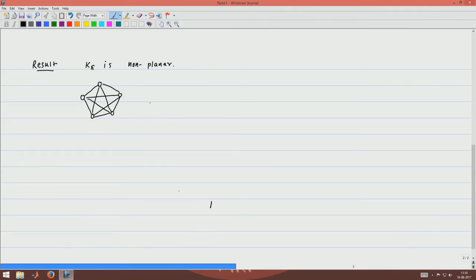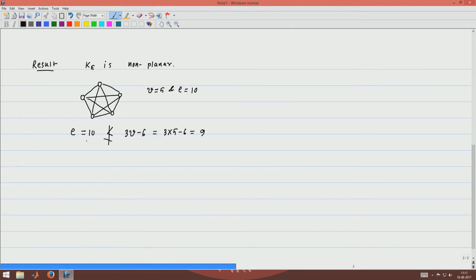So, it has 5 vertices, V equal to 5 and E is equal to 10, right. So, E equal to 10, and the upper bound for E is 3V minus 6, which is equal to 3 into 5 minus 6, this is 9, and we know that E, the number of edges, must be less than or equal to 3V minus 6, but this is not true.